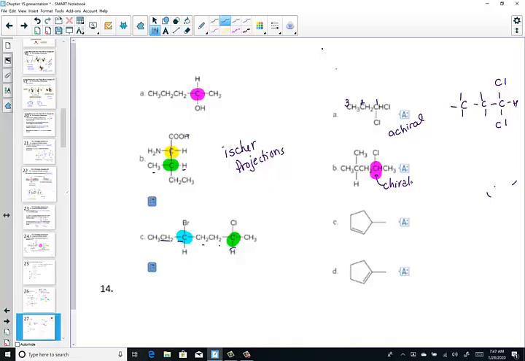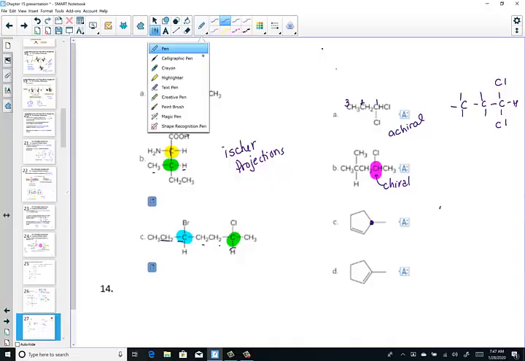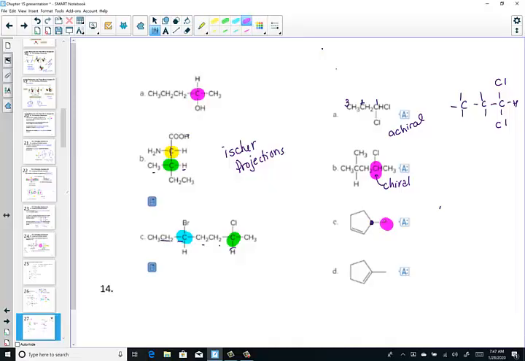Ooh, we have a cyclopentene structure. Let's examine this carbon. So in terms of a cyclic structure, the carbon I highlighted, what is it attached to? So in terms of a group, let's highlight them. We have a methyl, and notice we have 1, 2, 3 carbons before I hit the double bond.